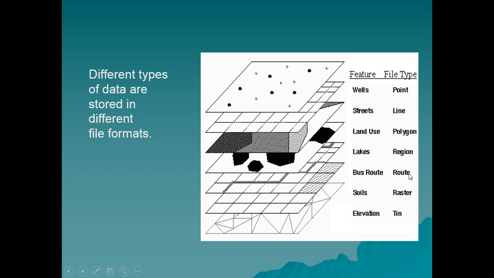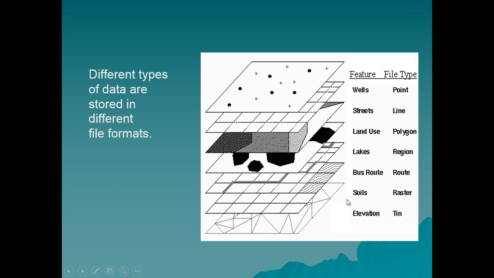Soils may be raster if you want continuous unbroken information, but you can also choose that if you want to generalize your information, you can choose to represent it as vector as well. But remember, with the vector, the boundary between one soil type and another is a sudden change in information.